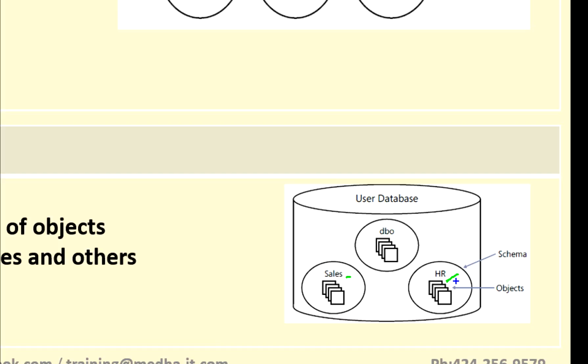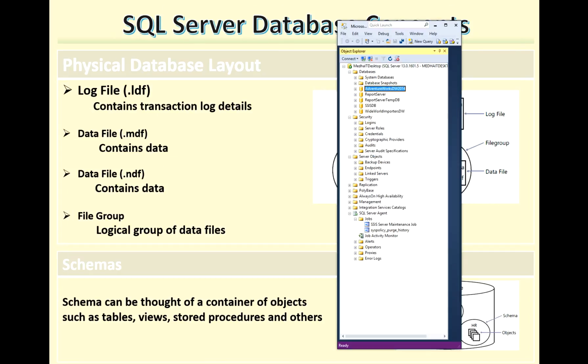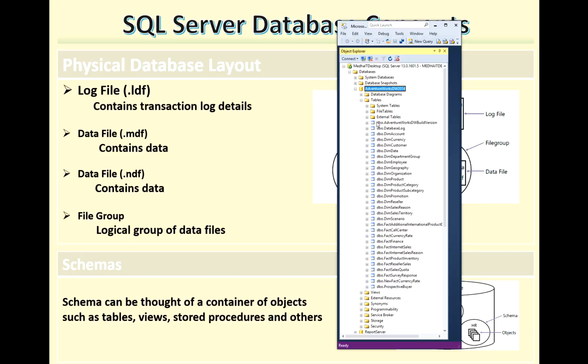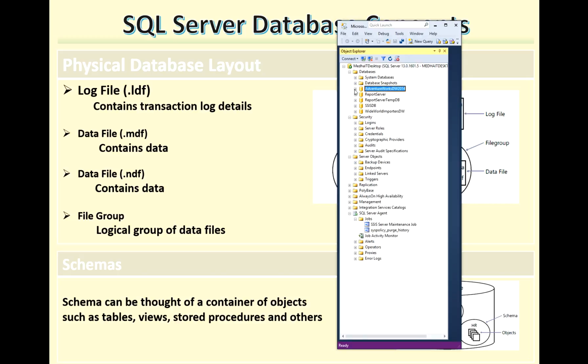If you don't specify a schema, by default all the tables will be assigned to the DBO schema. That is the default schema SQL Server uses. That's why if you go to SQL Management Studio, you will see all the tables having DBO as the schema.